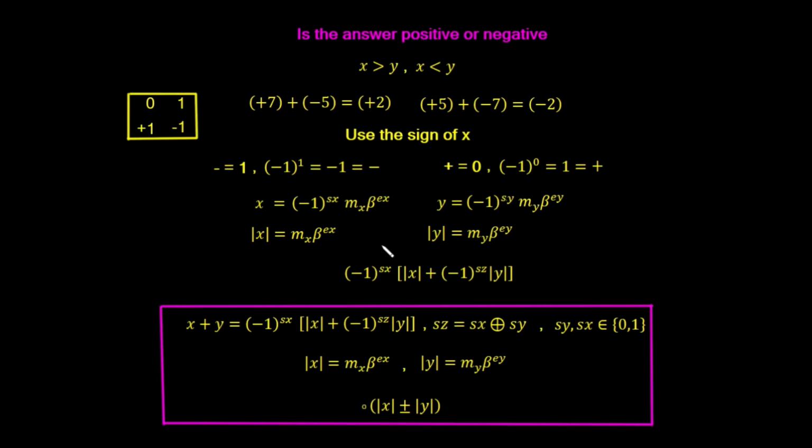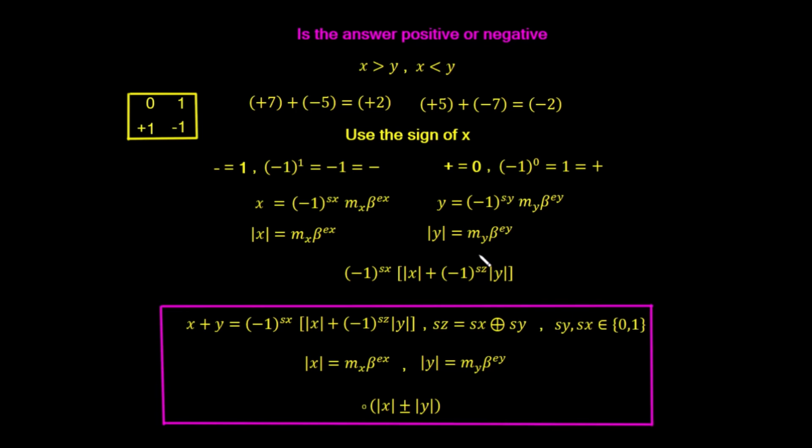So the algorithm that we looked at before told us that if we were to take our value for x and work out whether we had to add or subtract, we work out whether we add or subtract x and y by determining the value SZ.